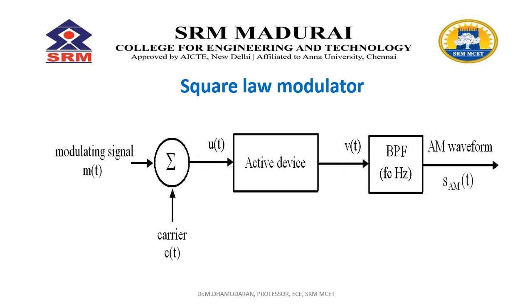The combination of both is u(t). Using special circuits, the active devices convert this for transmission. Then v(t) is the input for the band pass filter, so we can select a particular range of frequency for the AM waveform. This is the technique used in square law modulators.